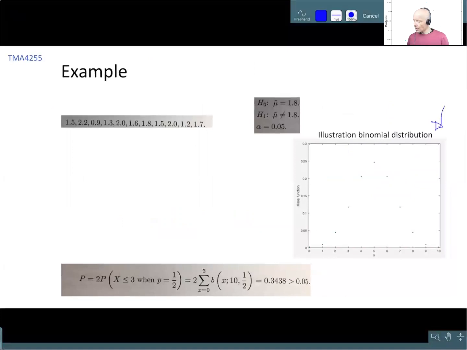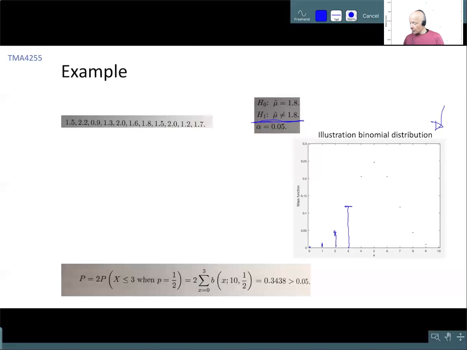And since this was a two-sided test, we can also look at the other side. What would be the chance of observing something that extreme in both the lower part and the upper part? So here we see, if we look at 3, we get this one, this one, this one, and this one. The sum of these is the probability of being 3 or smaller.